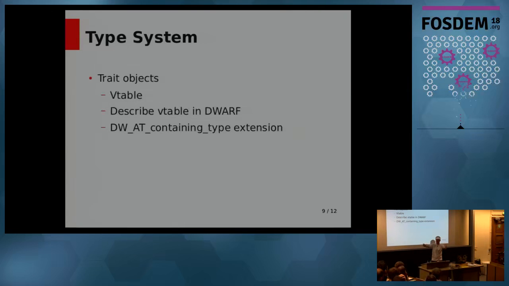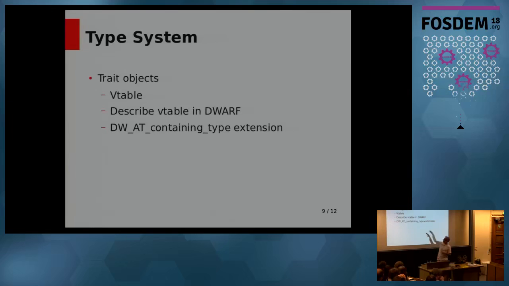Now, suppose you're in the debugger and you try to print a trait object. This is a bug I fixed last year. If you try to print a trait object, you get gobbledygook. There's nothing there. In fact, previously, all that Rust would tell you is that it's like 16 bytes of I don't know what.